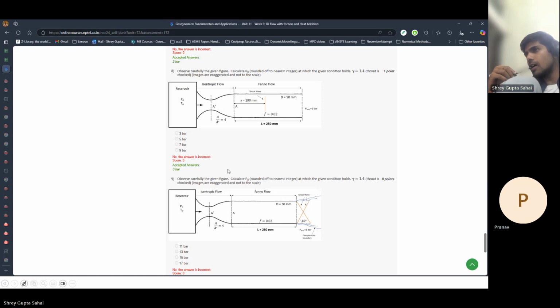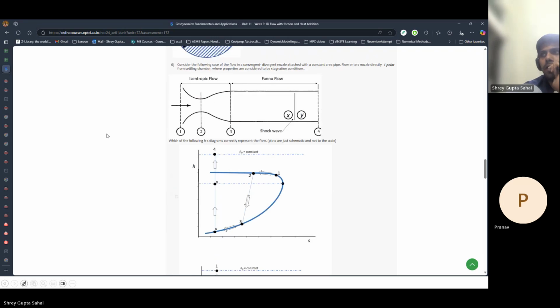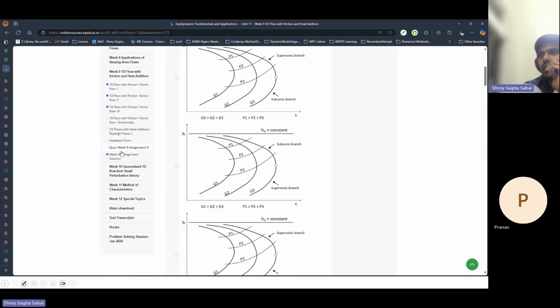4 into 0.02 into 100 by 50, that is 0.16. Yes, 0.16. So 0.5145 minus 0.16 is 0.3545.